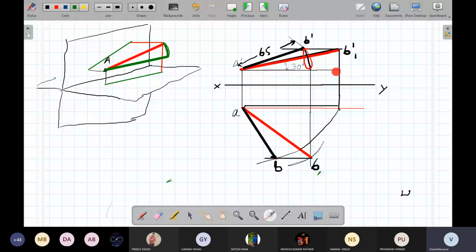So we have rotated till it becomes parallel to the horizontal plane. That's what this green line shows here. After that, we have to project it again. Okay, so projection.